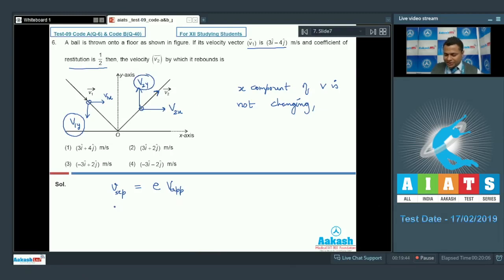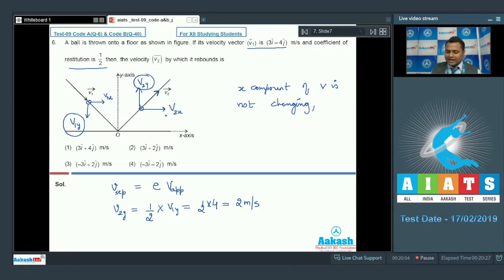So for velocity of separation, we can write v2y equals the coefficient of restitution, 1 by 2, multiplied by the velocity of approach v1y, that is 4 given in the question. So 1 by 2 multiplied by 4 equals 2 meter per second.